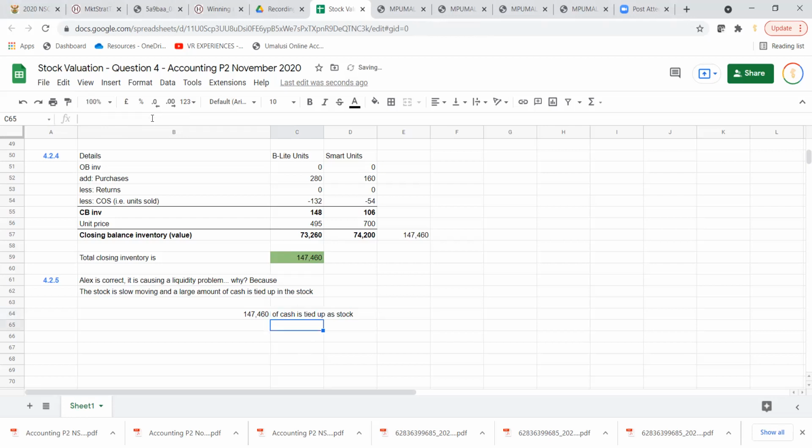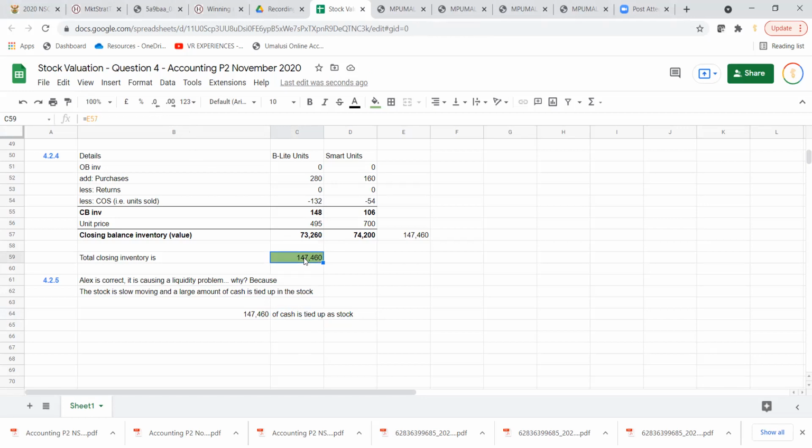Remember the fact that he bought the stock and only sold a few, so what is still sitting in stock is 147. That amount he paid, that cash he has spent, and it's sitting in trading stock. So that does cause a liquidity problem.